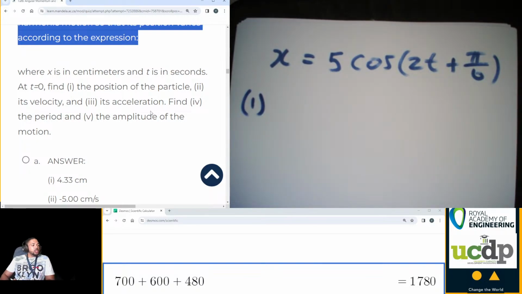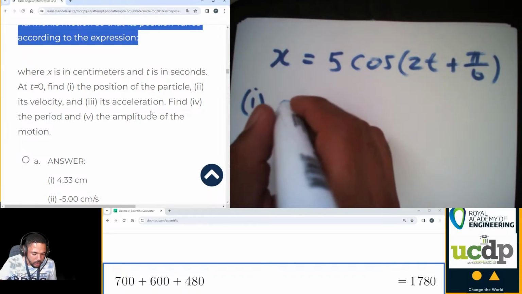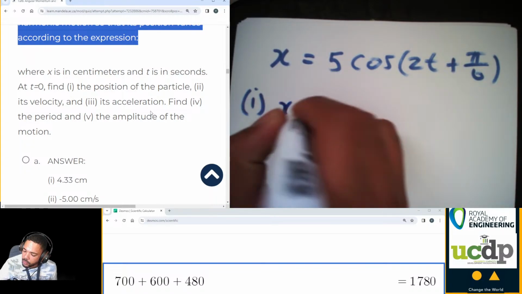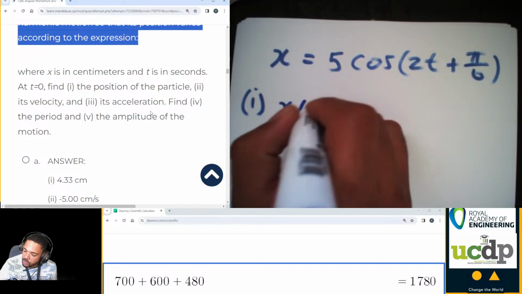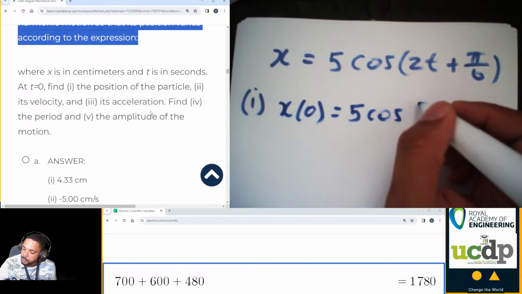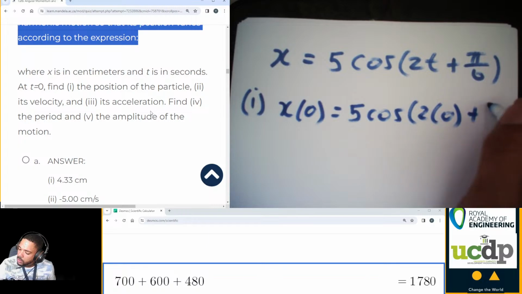Now, at t equals 0, what they're asking us is, at time 0, find the position of the particle. So all you have to do, for number 1, is plug in when time is 0. So x of 0 is equal to 5 cosine of 2 times 0, so when time is 0, plus pi over 6.